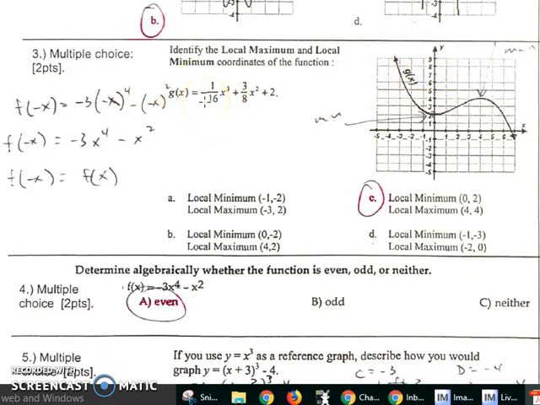That's called the leading coefficient test. Positive 2 is my y-intercept, because you put in 0 and you're left with 2. So here I have a local minimum. The x value is 0 and the y value is 2. And then the local maximum is right 4, up 4. That'll be choice C.